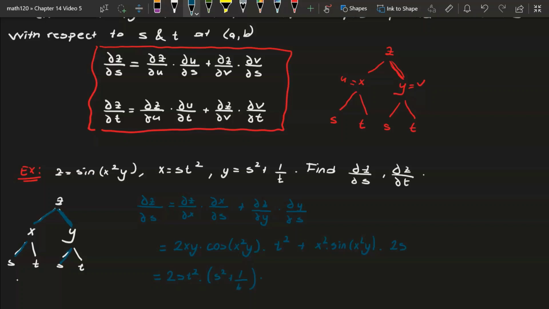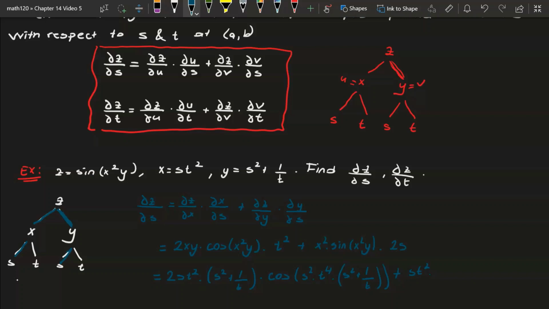times cosine of x squared, which is s squared times t to the 4th times (s squared plus 1 over t), plus x squared, which is s times t squared times, oh, here I made a mistake, I guess.